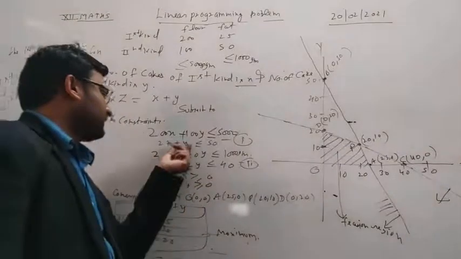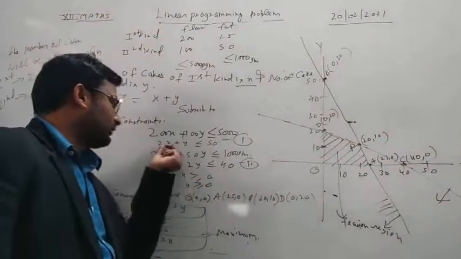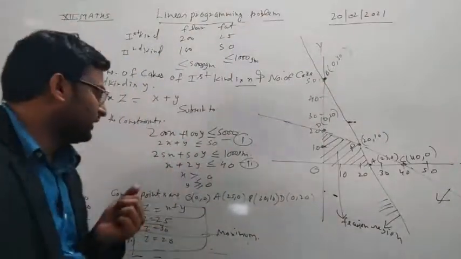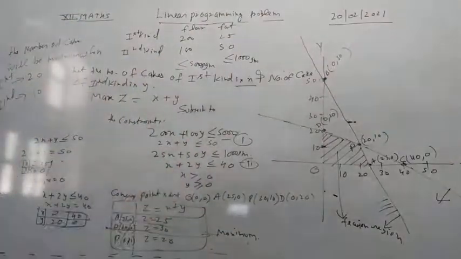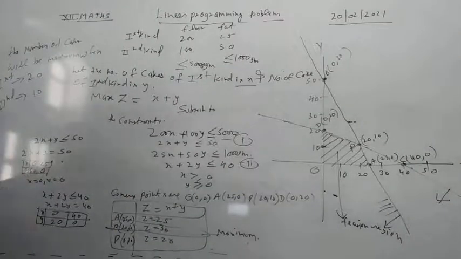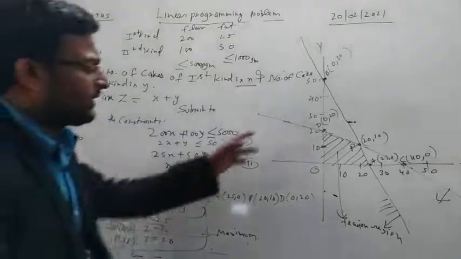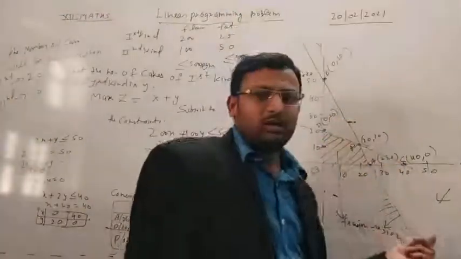When we simplify, we get 2X plus Y is less than or equal to 50, X plus 2Y is less than or equal to 40, and X is greater than or equal to 0, Y is greater than or equal to 0, students.